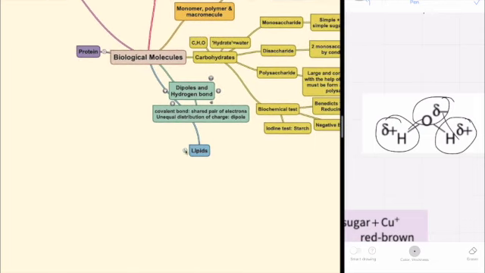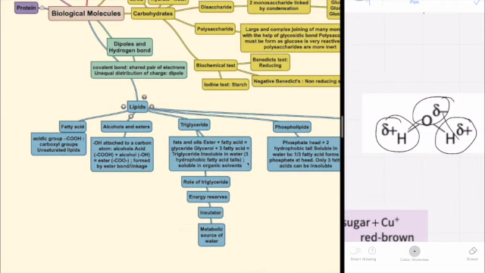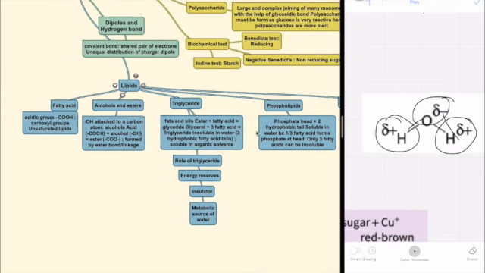Next, we're going to be looking into lipids. There are 4 types of lipids here. The first is fatty acid. We have fatty acid, alcohol and ester, triglyceride, and phospholipid. Fatty acids have an acidic carboxyl group. COOH is the carboxyl group.